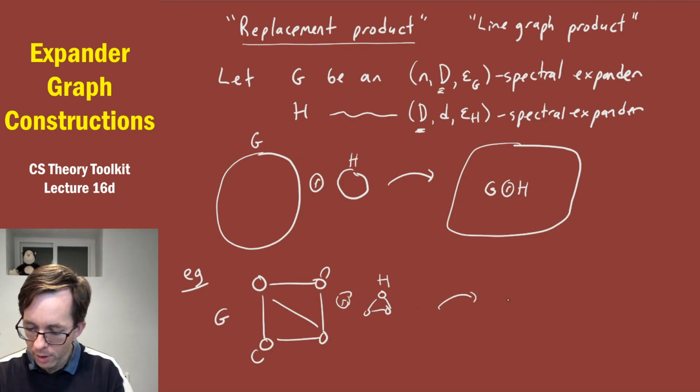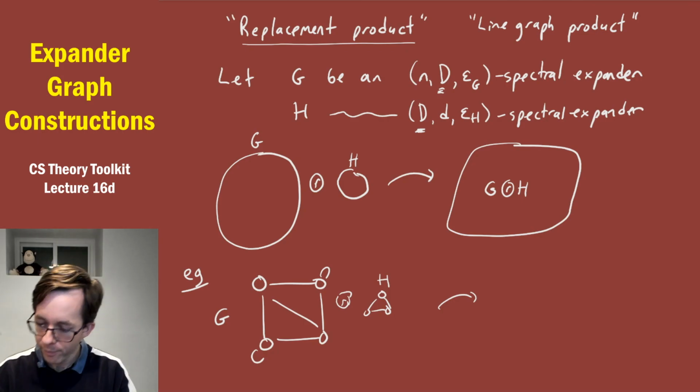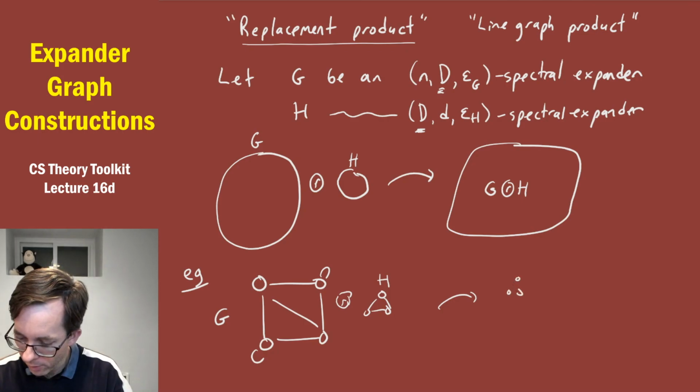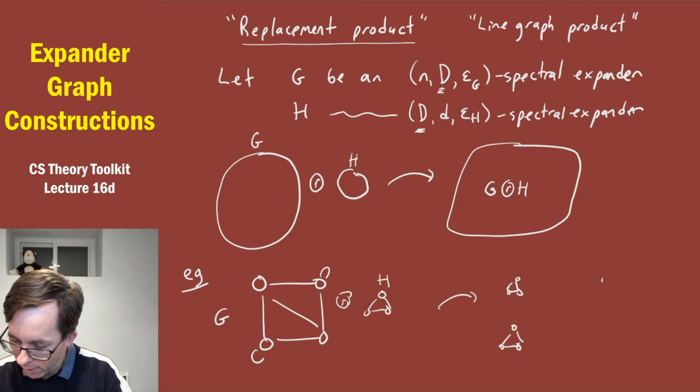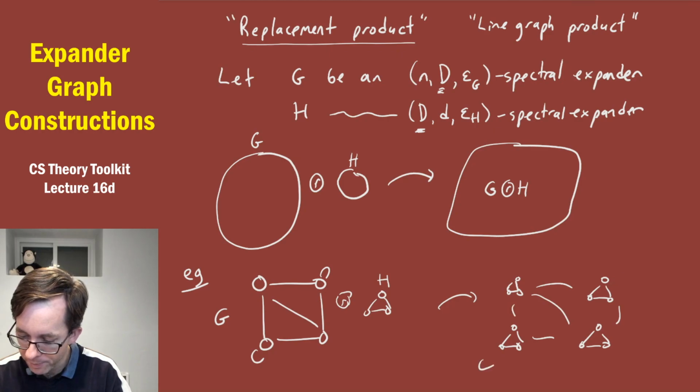How does the replacement product work? Basically, you put a copy of H at every vertex of G. Then you put edges between these copies in the way that G had edges. So we need some edges here and here and here, and maybe also some self loops.